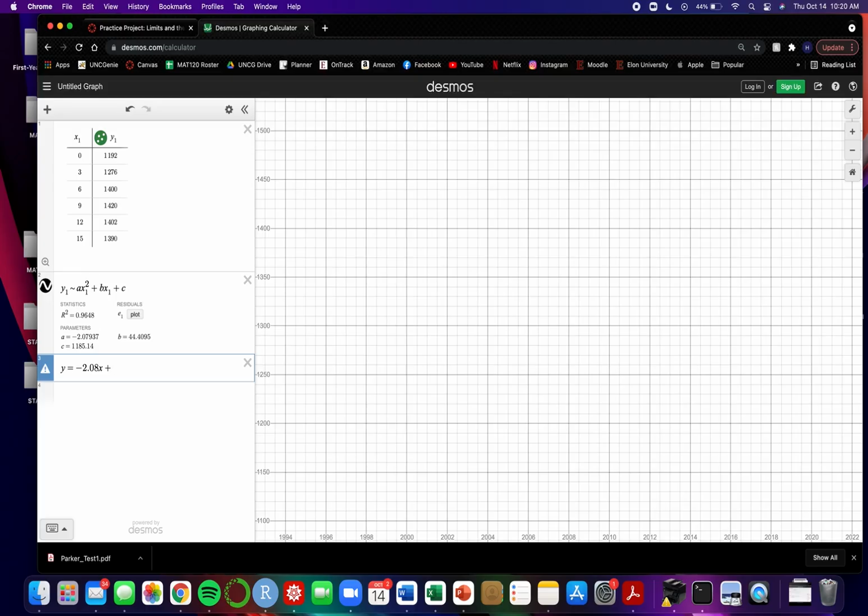So 1 decimal place, 44.4 x. Sorry, this should be x squared because this is a quadratic, right? And then our constant is to the nearest integer, so 1185. Right, so that's the model we're going to use to answer the last few questions.